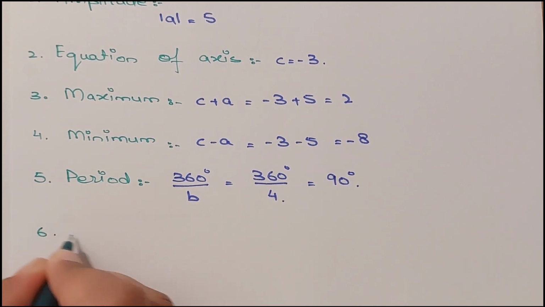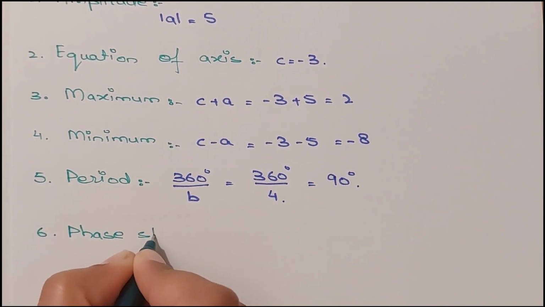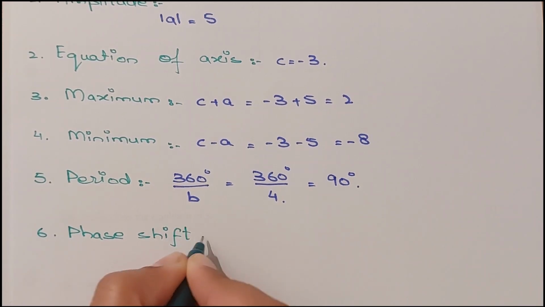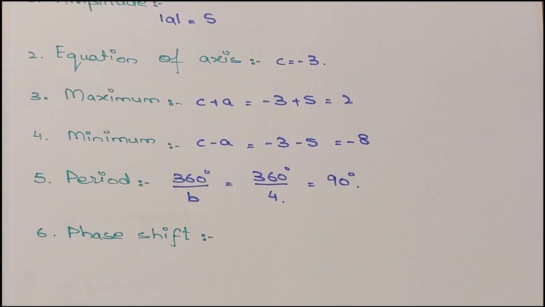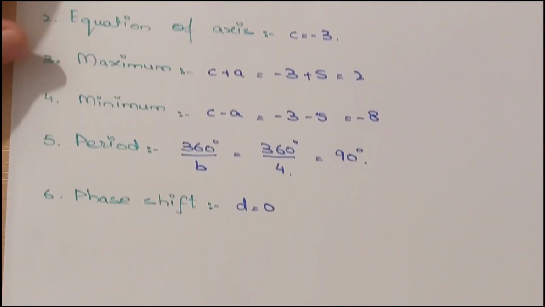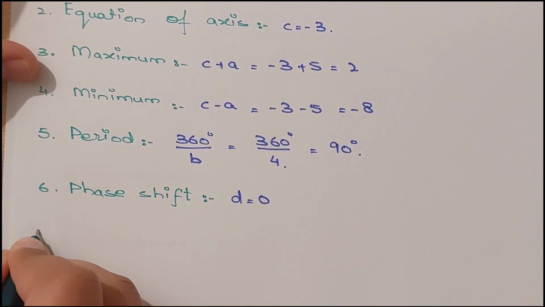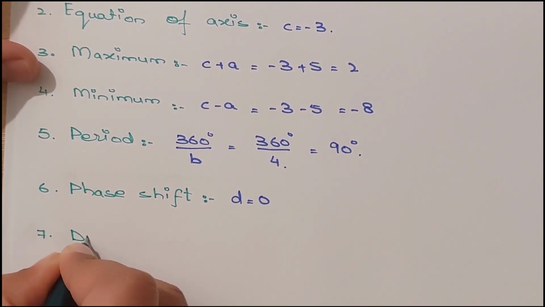Okay, now the 6th point is we have to find the phase shift. Phase shift is the starting point of the curve. So this is the d value, and in this case the d value is 0. As you can see, d equals 0, right? Okay, now after phase shift, we have to find number 7, distance between points.